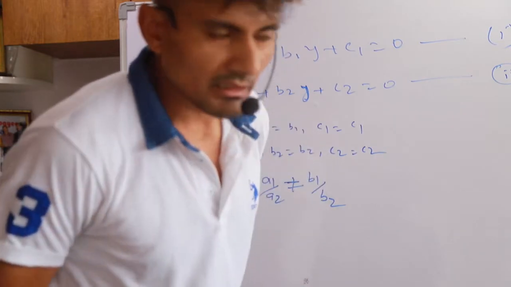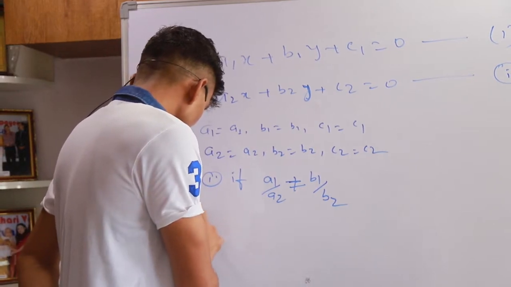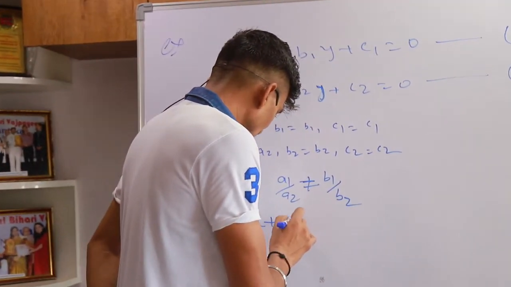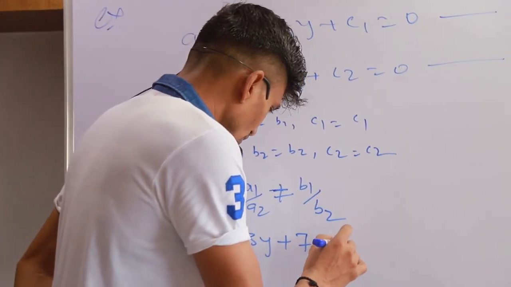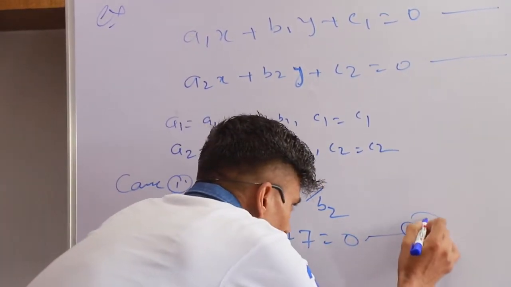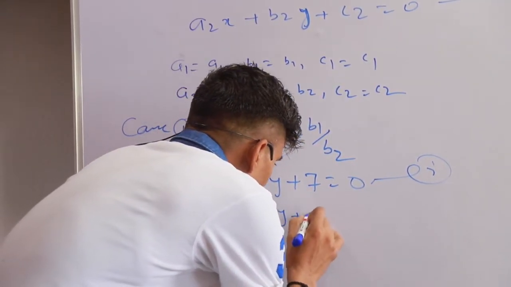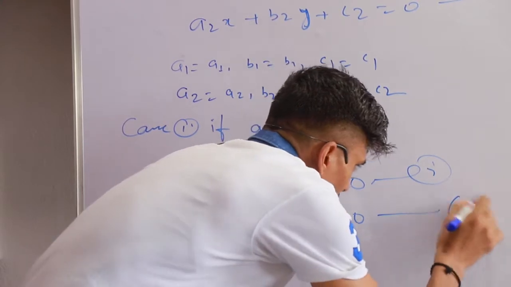For example, we are taking this question: 2x plus 3y plus 7 is equal to 0 is equation number 1, and 3x plus 2y plus 5 is equal to 0 is equation number 2.